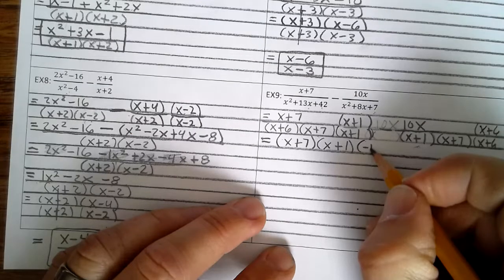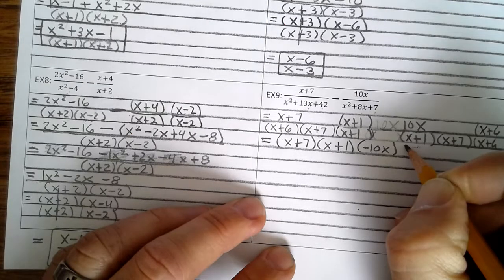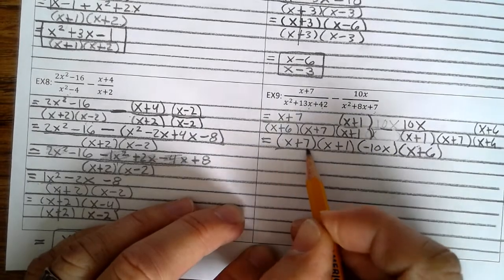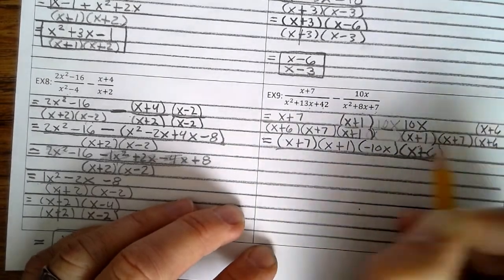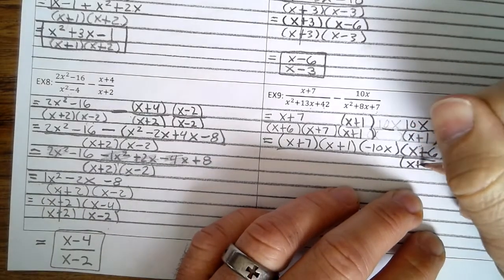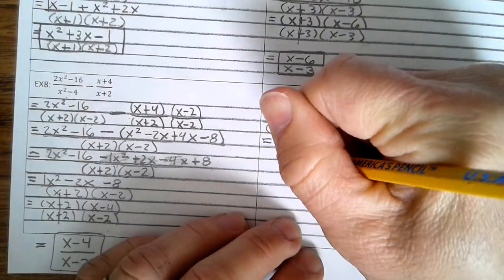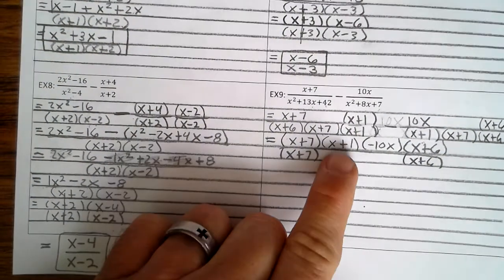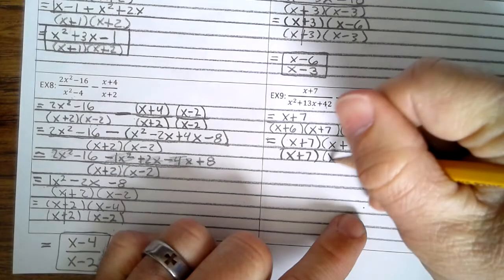I can put the x plus 6 under here, I can put the x plus 7 under here, and I can put the x plus 1 under here. So I have the denominator, x plus 7, x plus 1, x plus 6, but these divide out. So this divides and becomes 1, divides and becomes 1, divides and becomes 1, and you're left with negative 10x.